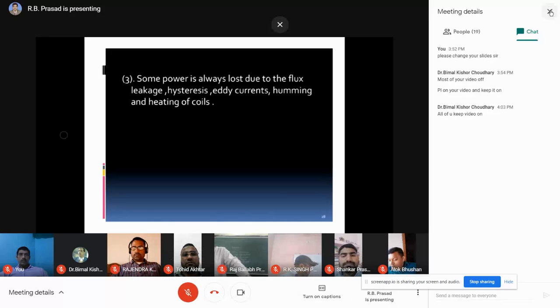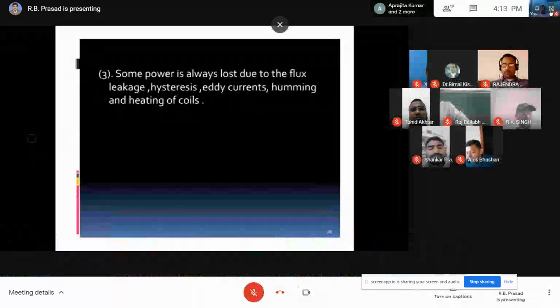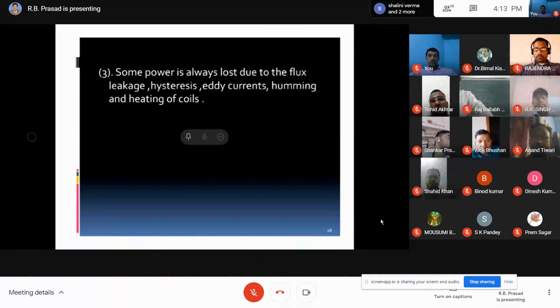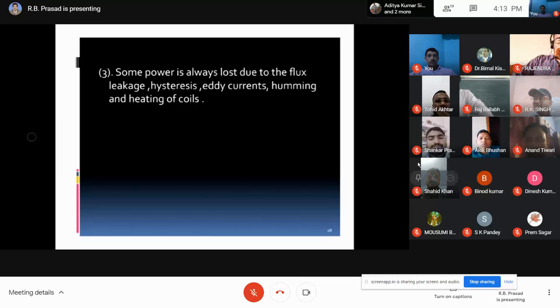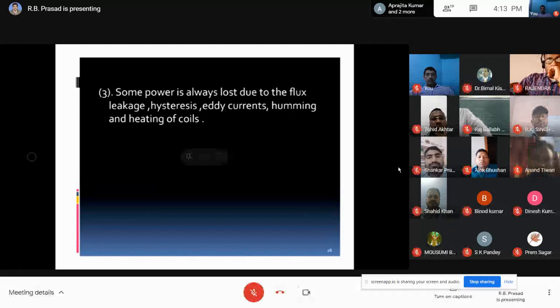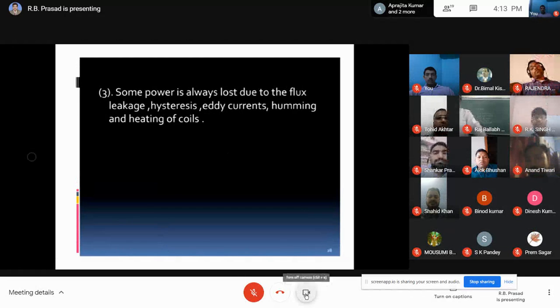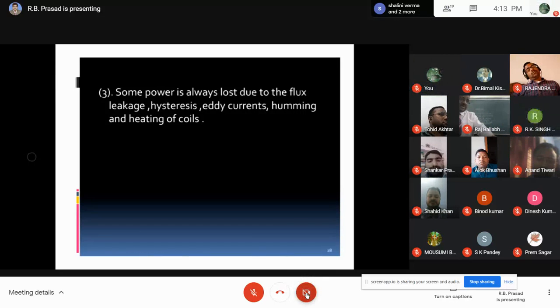If we draw the curve showing the magnetizing field and induced magnetic induction, we get a loop, and that loop is known as the hysteresis loop. The area of the loop gives the loss of energy. That is the calculation of the hysteresis losses.